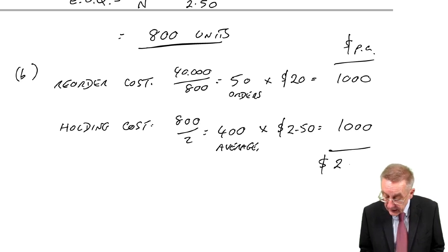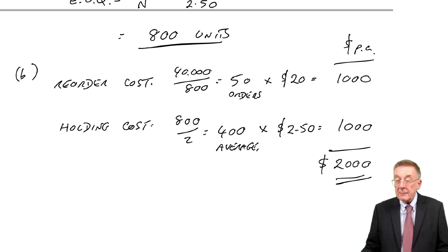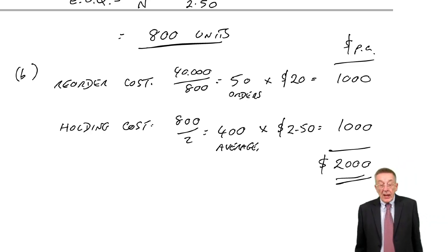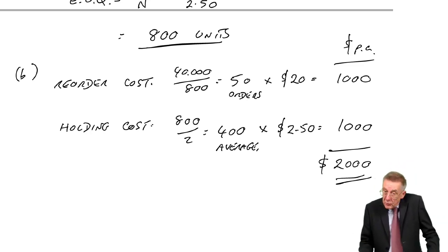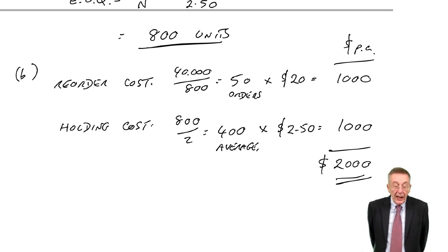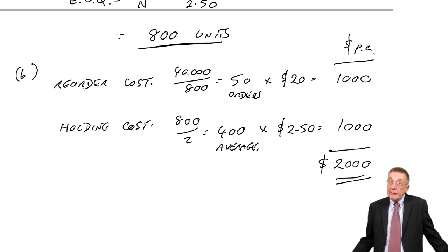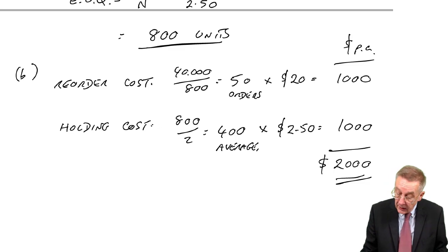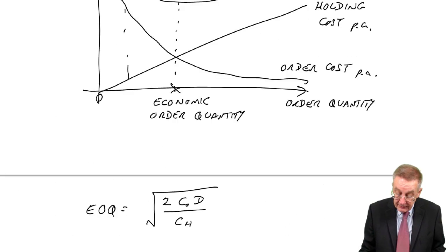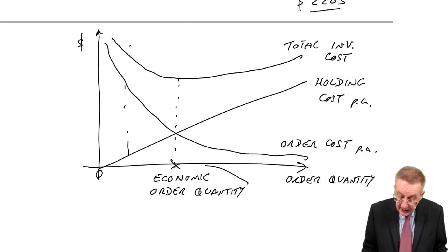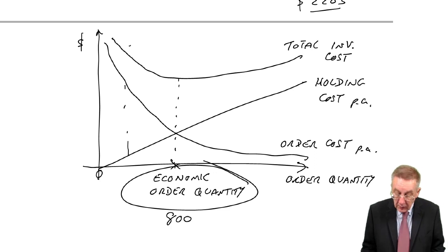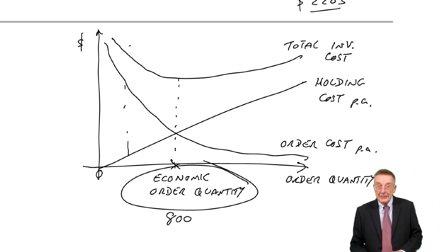The total, 2,000. And although that doesn't prove it, obviously, certainly of the 5 we've now done, that's the cheapest cost. And try any other level you want. The minimum cost will be 2,000. Think back to that graph. It'll be 2,000 at an order quantity of 800.